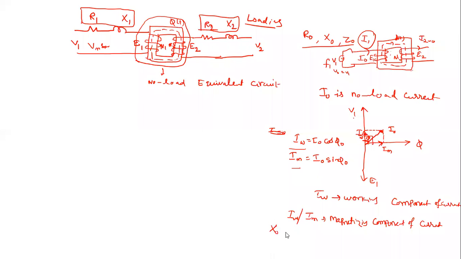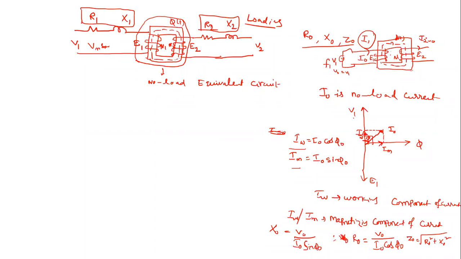So X0 is simply V0, the no load voltage I applied, divided by I0 sin phi0. Similarly R0 is given by V0 divided by I0 cos phi0. Then Z0 will be the square root of R0 squared plus X0 squared.